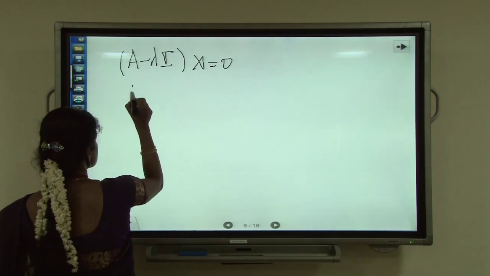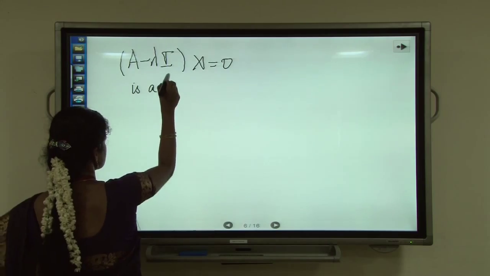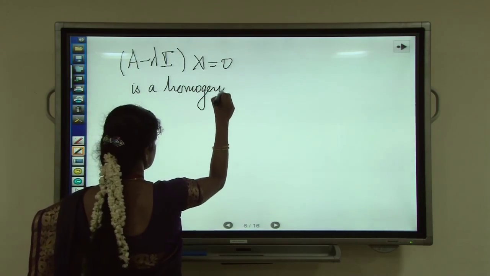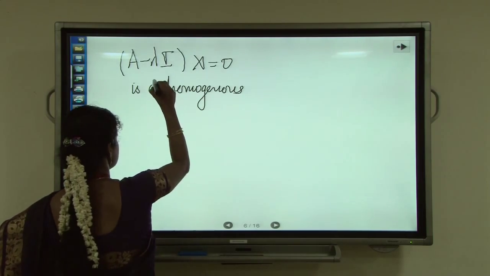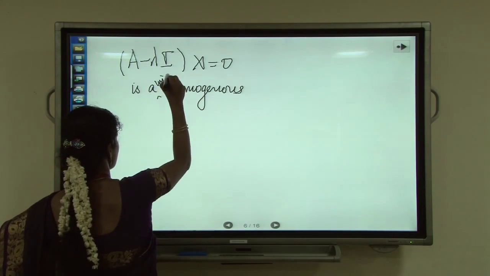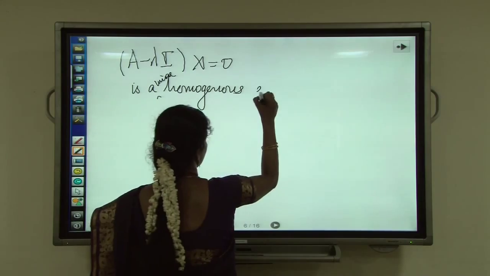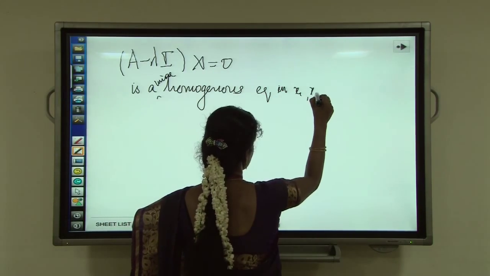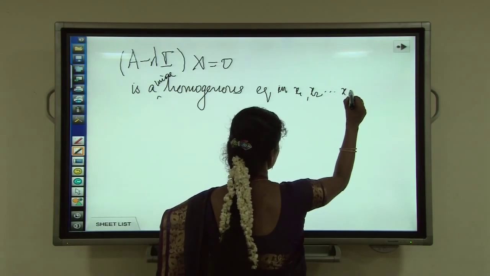You can call this a linear homogeneous equation in x1, x2, up to xn.